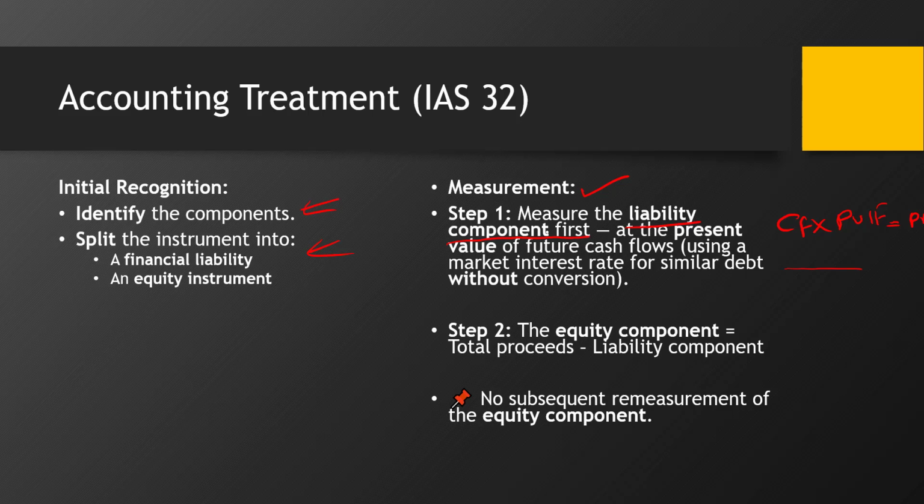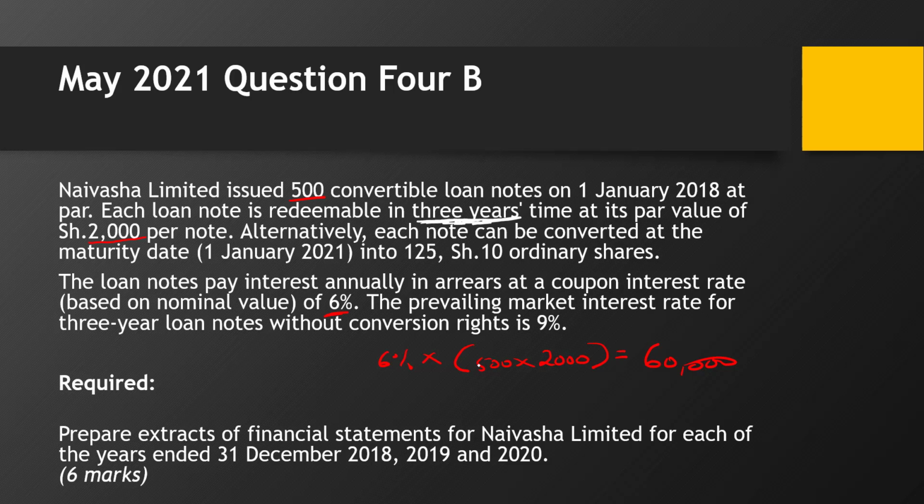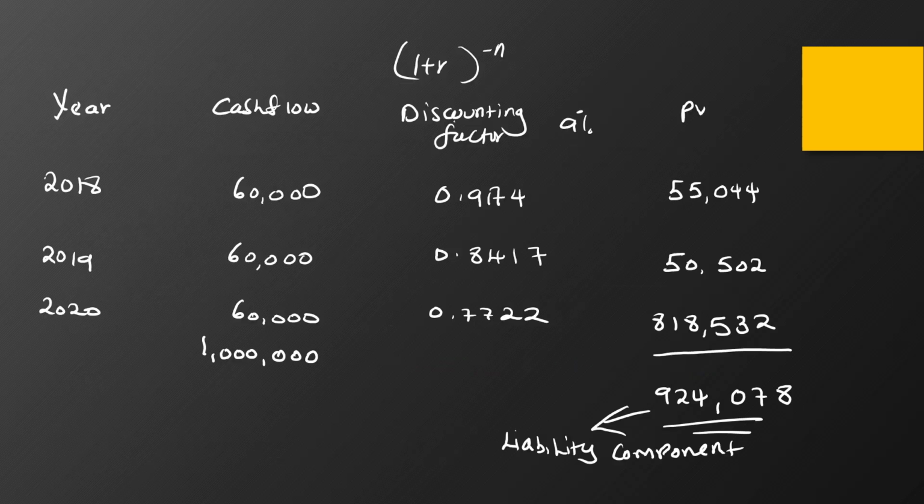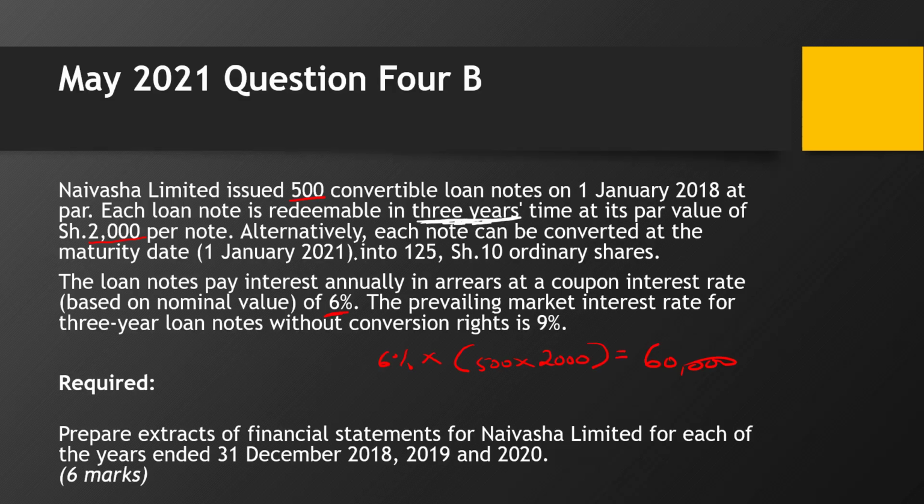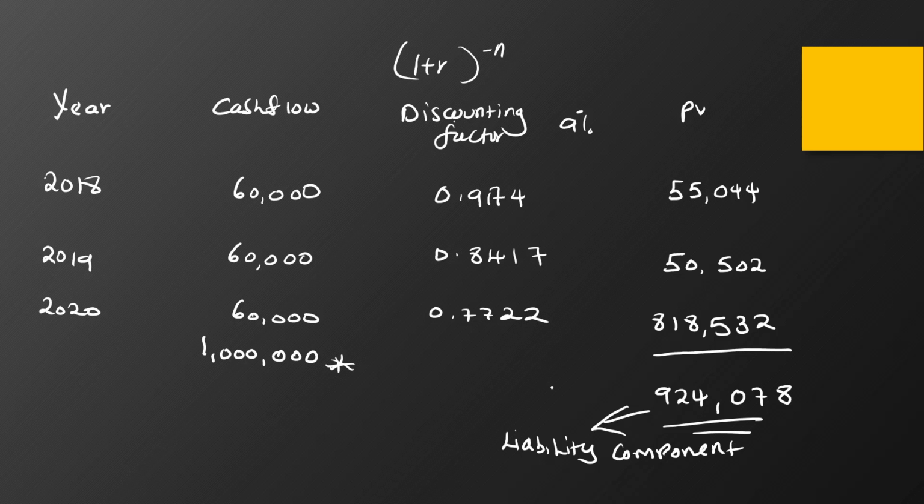So to split, the equity component is given by the total proceeds. In this case, the total proceeds are 1 million, which is 500 times 2,000, minus the liability component, which is 924,078. That will give us the equity component.